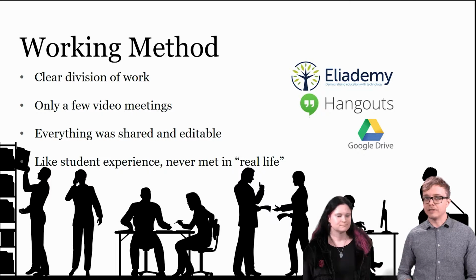We didn't have a lot of video meetings because we thought it would be more time efficient to just focus on what we did, giving feedback, commenting, and then meeting only if it was needed. When we had video meetings, we kept them really short, to the point. Everything that we did was shared with everybody else and also editable, so we could in real time comment and give feedback and work together.